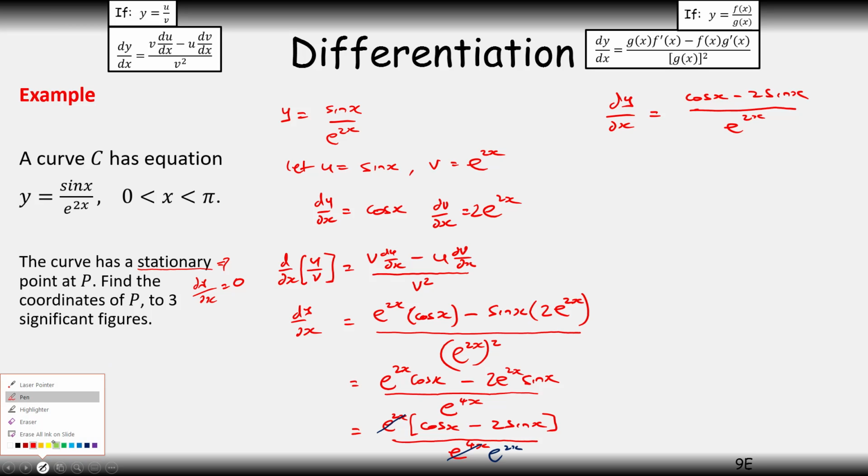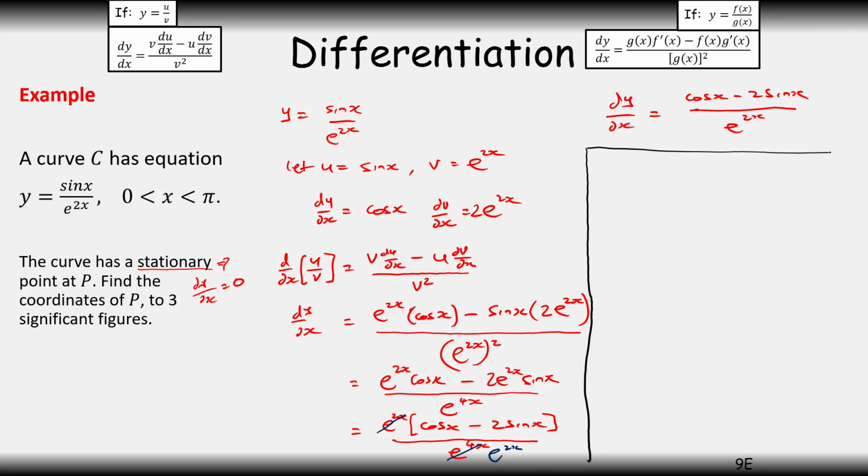Okay, so we've differentiated. Now what we need is to set that differential equal to 0. Why? Because at the stationary point the gradient is equal to 0. So let's do that then.